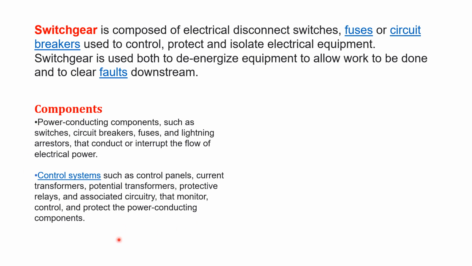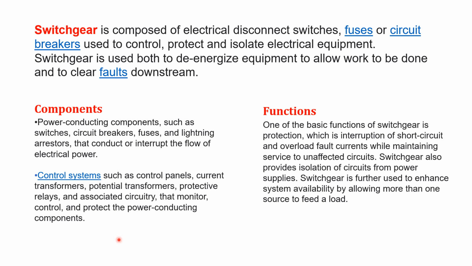And then that is the function. Switchgear is for protection, interruption of short circuit and overload fault currents while maintaining service to unaffected circuits. Switchgears also provide isolation of circuits from the power supply. So this is how the switchgear works.